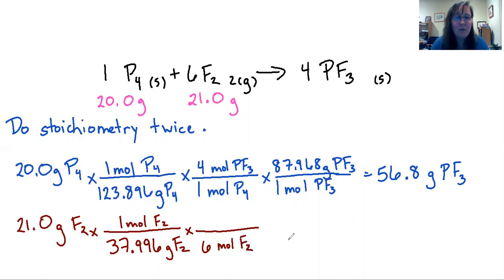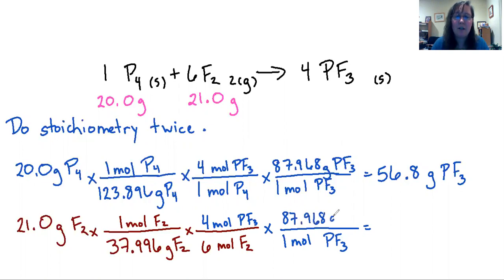Now you'll find that the rest of this is exactly the same, and that's what makes this quicker in some ways than the other one. You're really only doing this like 1.5 times, because we're going to fill in the same information that we had up above, because we're going to the same unknown.